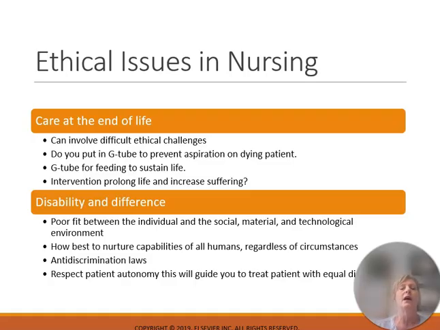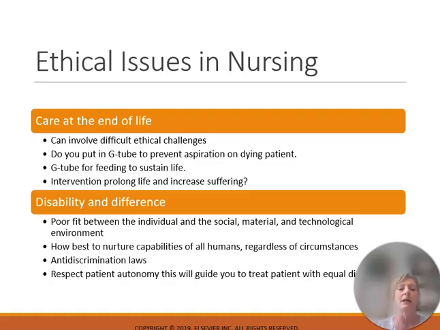Maybe we've got disability indifference, so we've got a poor fit between an individual and social, material, and technological environment. So maybe you've got somebody that, as far as their disability, can't do a certain thing, but it's ethically wrong not to allow them to try. So there's a lot of dilemmas there in disabilities.